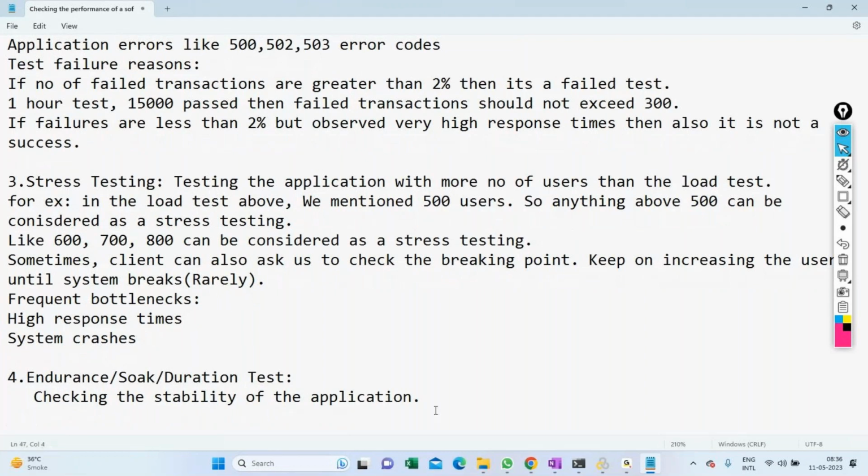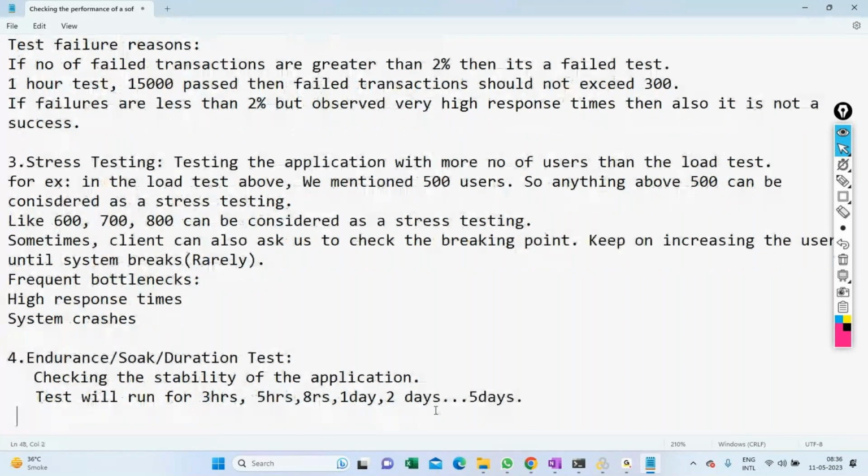This test will run for 3 hours or 5 hours or 8 hours or 1 day or 2 days, or it can run up to 5 days also in very rare cases. So we are checking the stability of the application here.